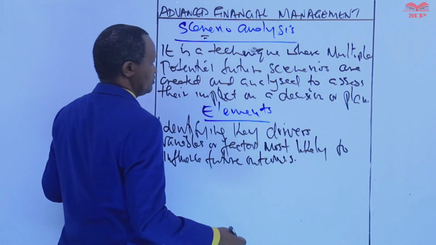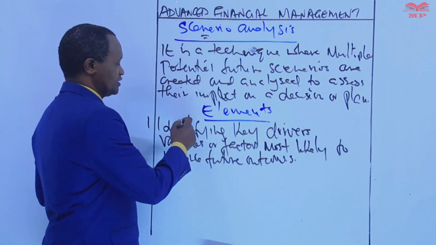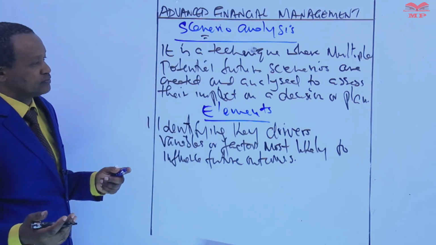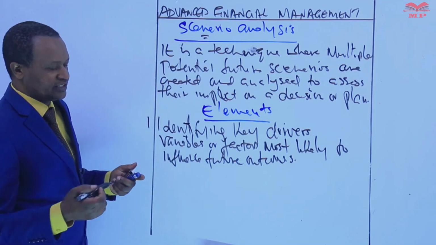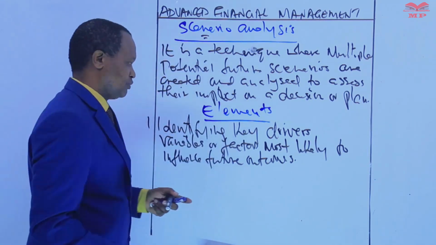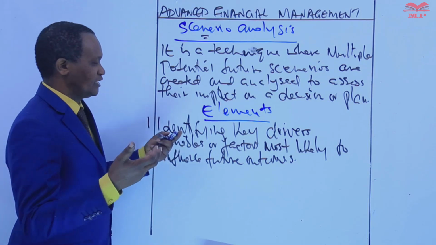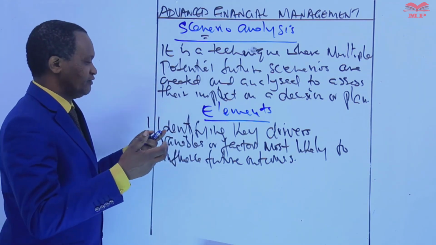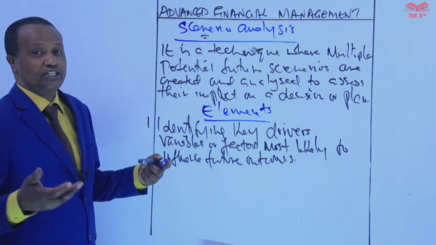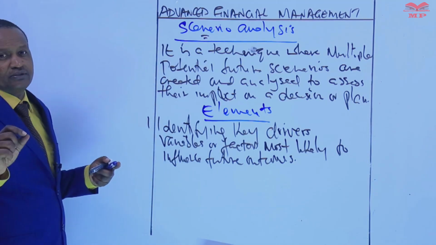Step number one, when making a decision on a project or anything, identify the key drivers, the factors, the variables. Just like in sensitivity analysis, we saw that we have the input variables and the output variables. Here again, we are discussing the key drivers, which are the factors and the variables that are most likely to influence or to impact future outcomes.